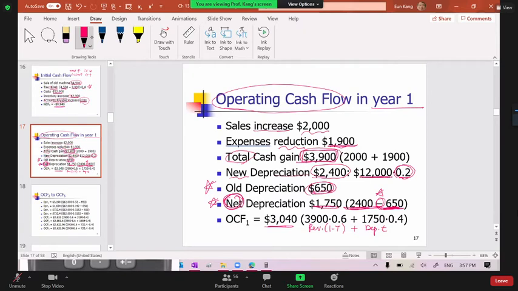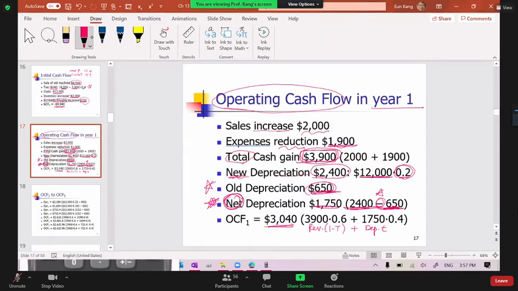And total 3,900 cash revenue times 1 minus T. And so this is probably the most important slide of this problem, operating cash flow, because you have to make sure that it is net depreciation, not new depreciation, because of this opportunity cost. Once you know that, so yeah.